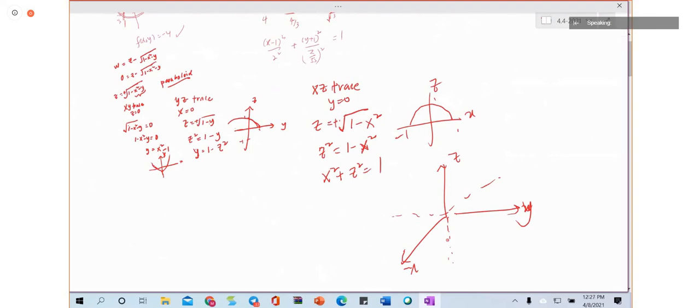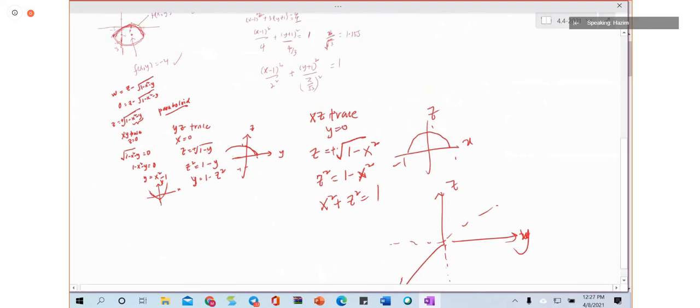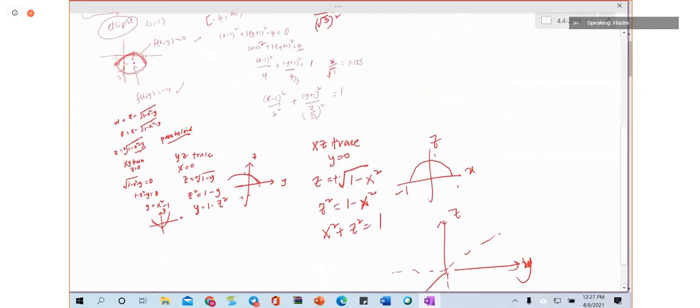Doctor, the xy trace, x squared minus 1 or 1 minus x squared? Which one? Xy trace, z is 0, right? Y equals 1 minus x squared, is it? Yeah, okay, so there is a mistake here. Good.